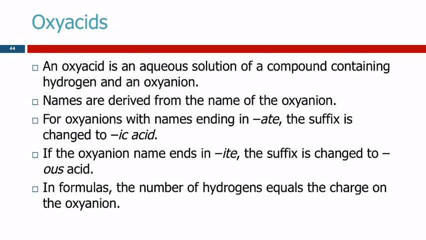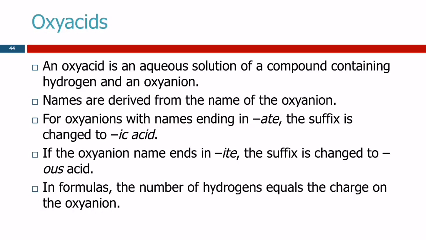We need to talk about the oxy acids. We talked about binary acids, the acids which are binary molecular compounds dissolved in water. An oxy acid also produces hydrogen ions when dissolved in water, but it's an aqueous solution of a compound that has hydrogen and an oxyanion.